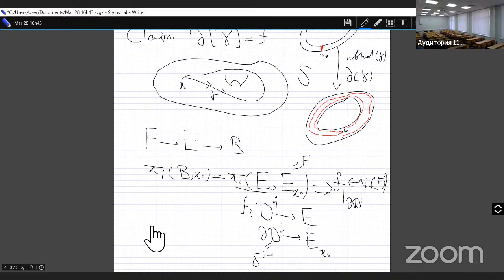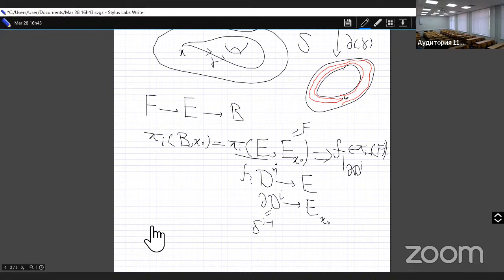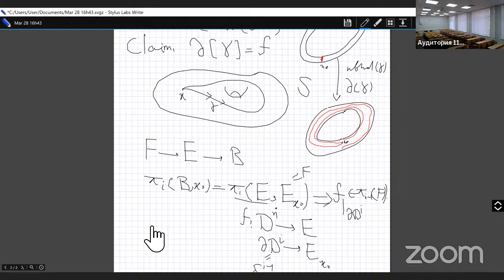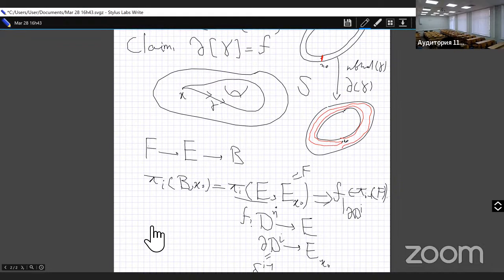But then we need to prove somehow that maps of this type indeed generate the pi naught of Diff. How does one prove this? Let's assume it for a moment.